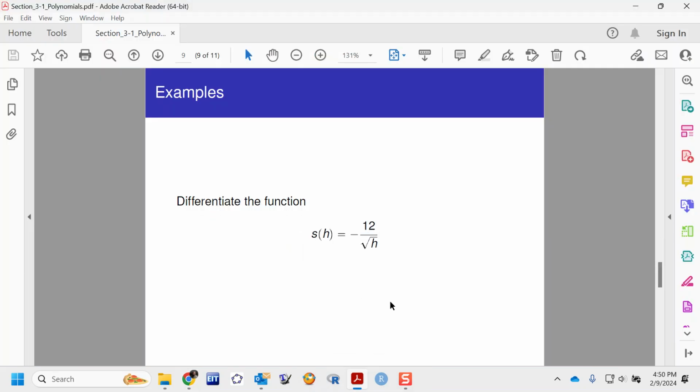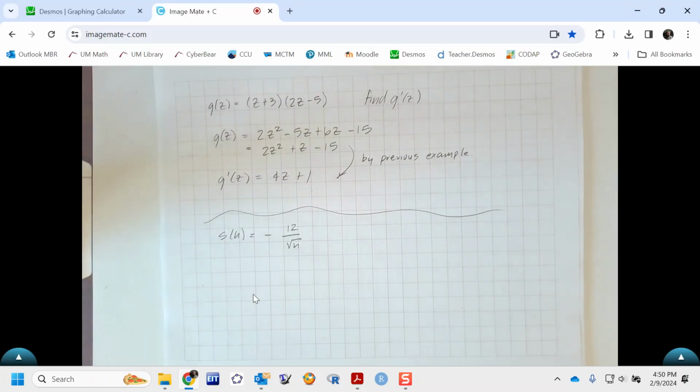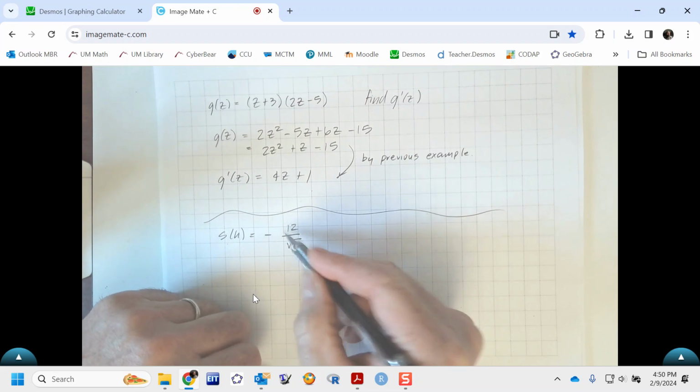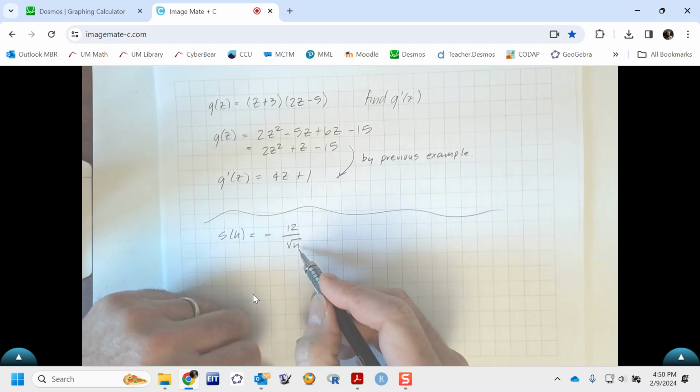Okay, well, let's take a look at this one. s of h is equal to negative 12 over the square root of h. So what would we do here? Again, you should be asking yourself, what I see is a function on top, a constant, and a function on the bottom, which is not a constant.